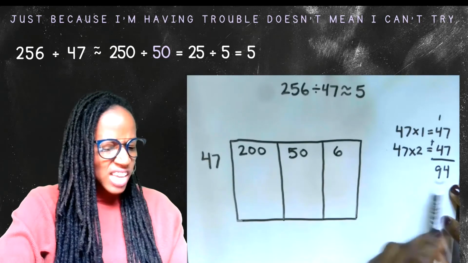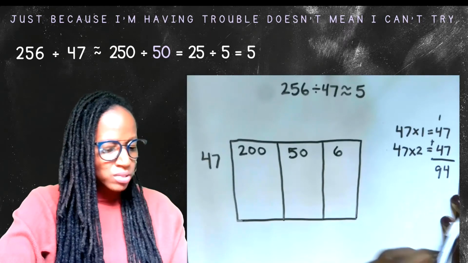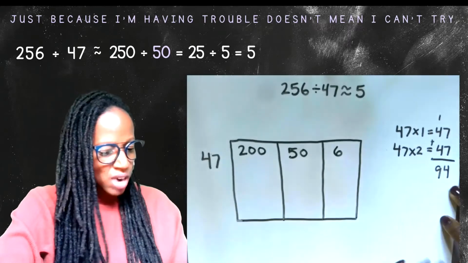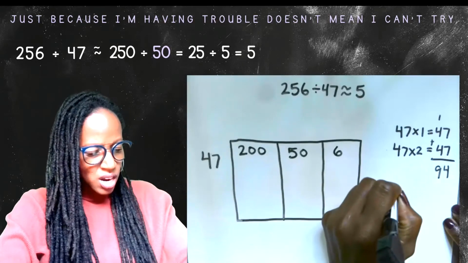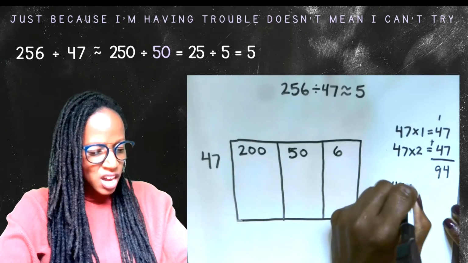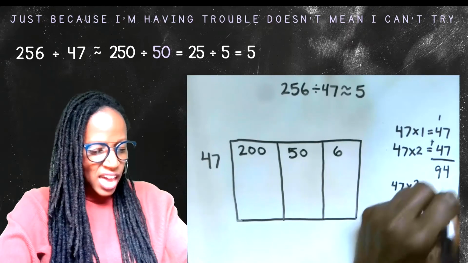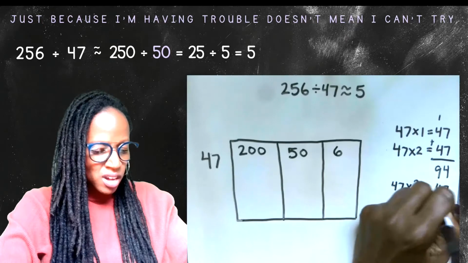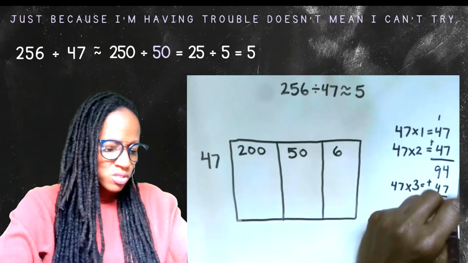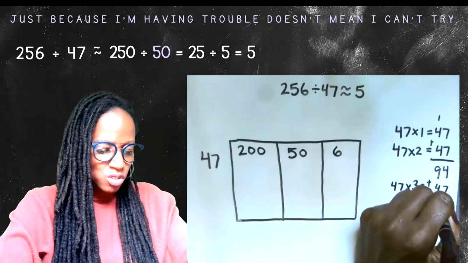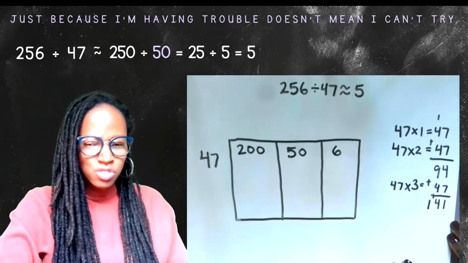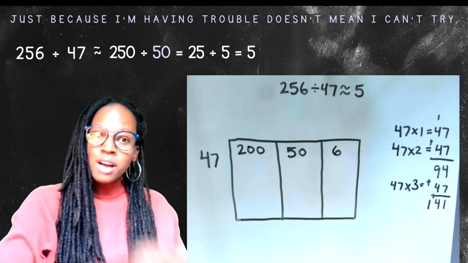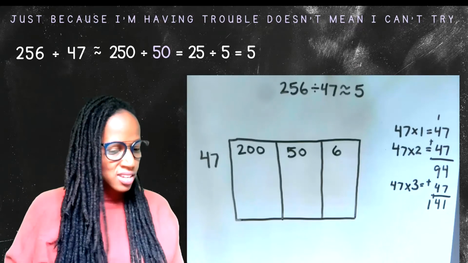So based on this, I'm thinking that I could probably add another group. I'm thinking 47 times 3. Well, I could just add another 47 to get my third group. 7 plus 4 gives me 11. I bundle my 1, that gives me 14. That gives me 141. So I'm getting a good idea of what I can do.